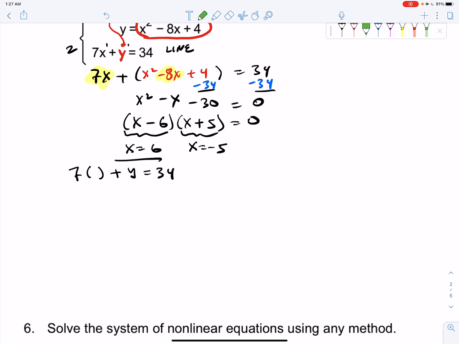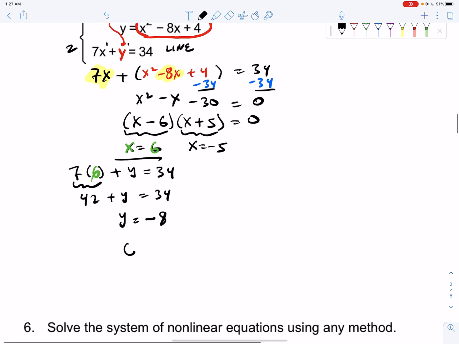Well, it turns out that we got x equals 6, so I'm going to put a 6 in for x. 7 times 6 is 42, plus y equals 34. I subtract 42 on both sides, and y equals negative 8. So I got an answer 6 comma negative 8.